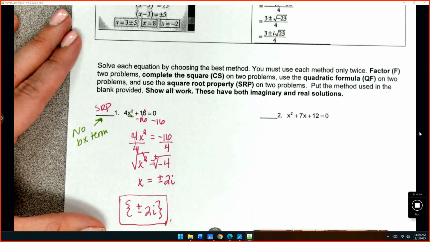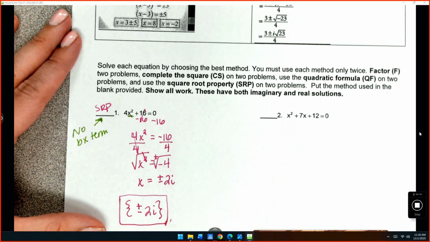Is the bx term an even number? Is b an even number? Yes. Okay, so that means we're gonna complete the square on that one. That one's gonna be a completing the square question. Okay. And then, let's figure out the method for this last one.